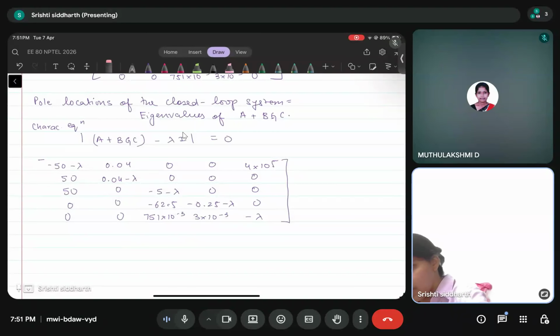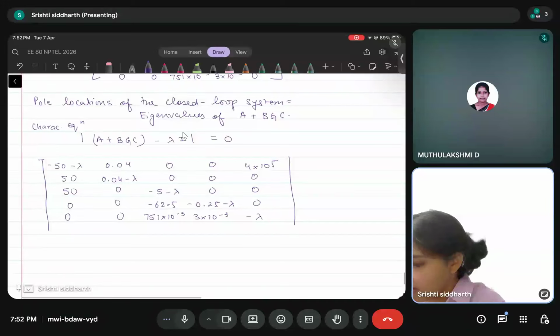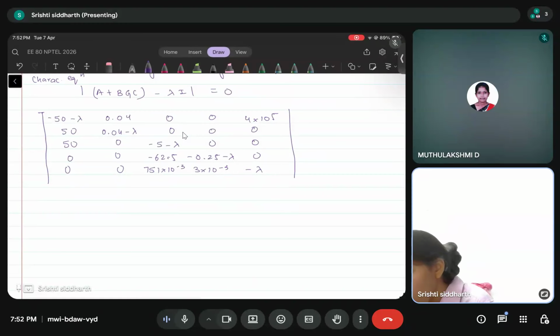So the determinant of this, right? Okay, let's see which row or column has the least number of elements. It's column 2 or column 5, right? So let's expand along the last column, expanding along column 5.